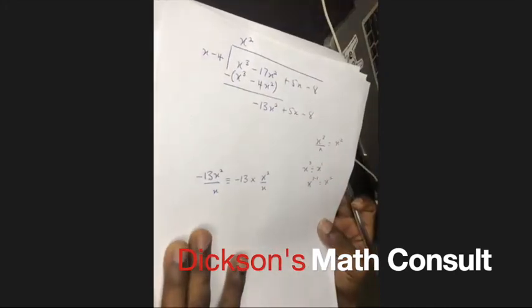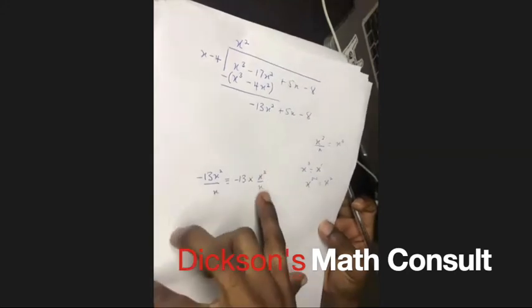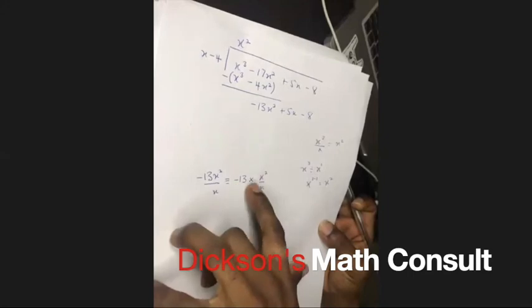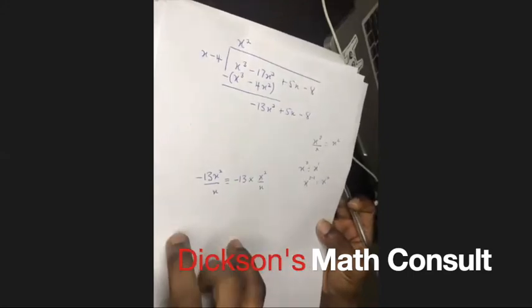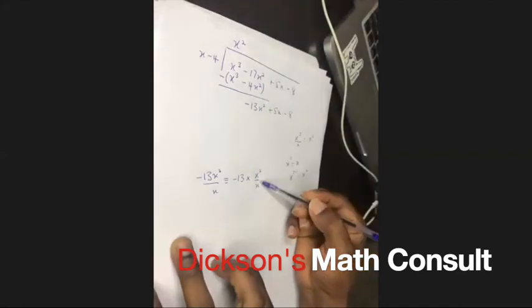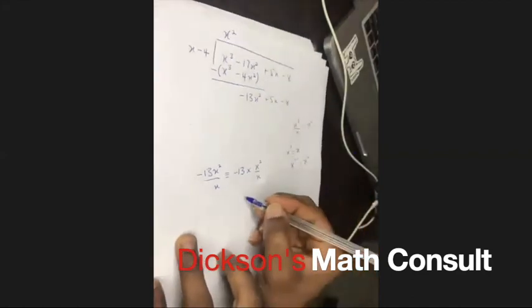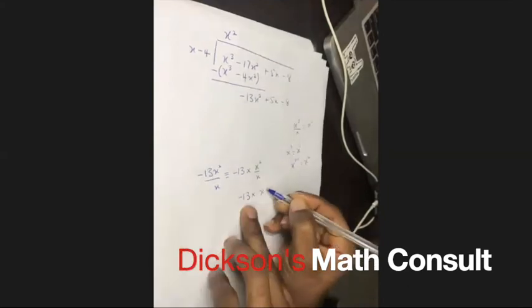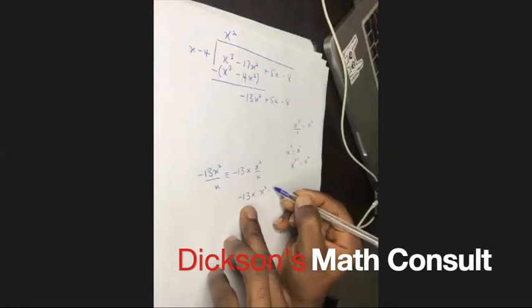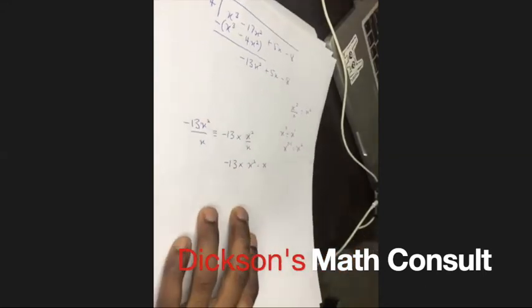Because anytime you are multiplying a number and a fraction, it always multiplies the numerator. Now, I can do this by using indices. So I have negative 13 times x squared divided by x. Do you see that? Yes, sir.